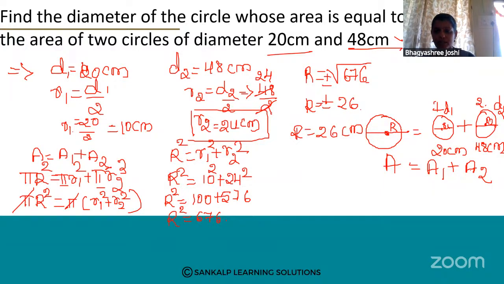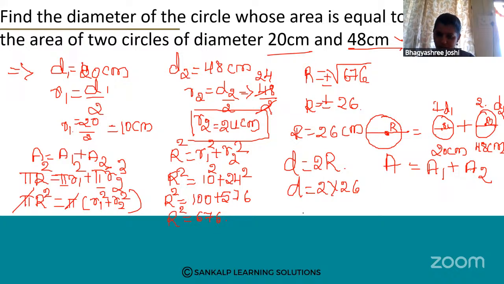But what we want? We want the diameter of the circle. Which circle? The diameter of the big circle. So big circle means we consider it as A, right? Diameter is 2 times the radius. So D is equal to 2 into 26, right?